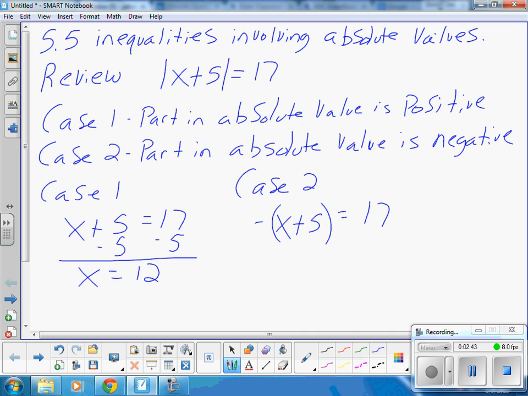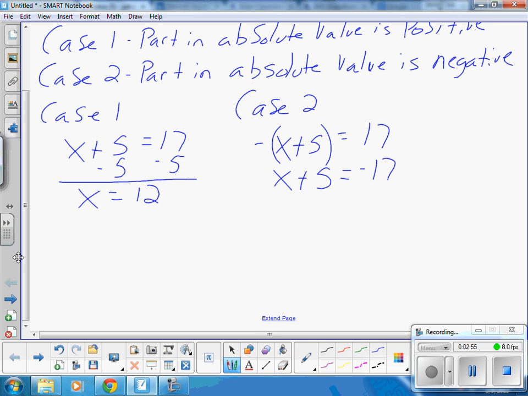I initially multiply both sides by a negative 1 right away. So then I get x plus 5 is equal to a negative 17. And that's important in an inequality because when we multiply both sides by a negative, the inequality reverses. I'm going to subtract 5 from both sides, and I get x is equal to a negative 22.